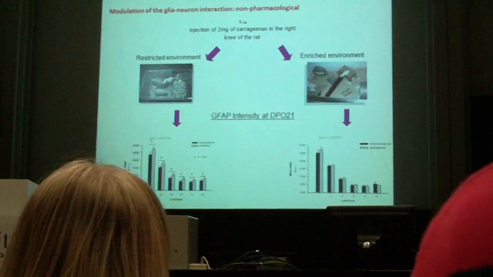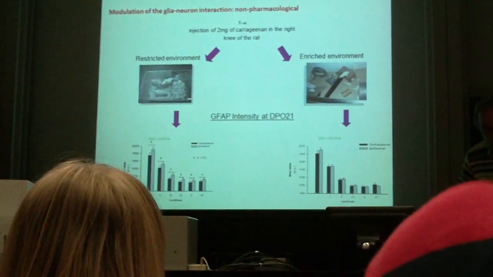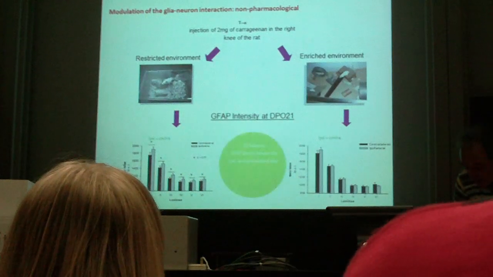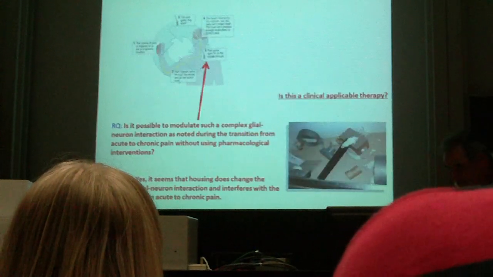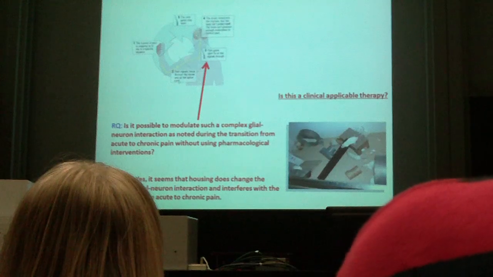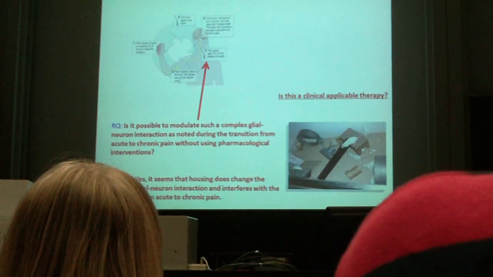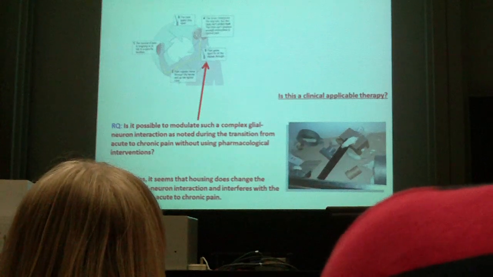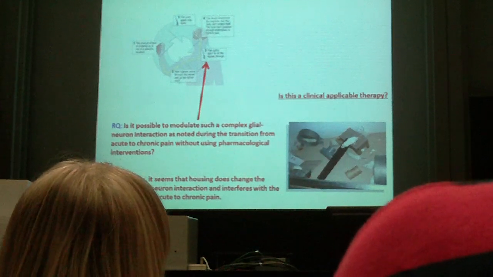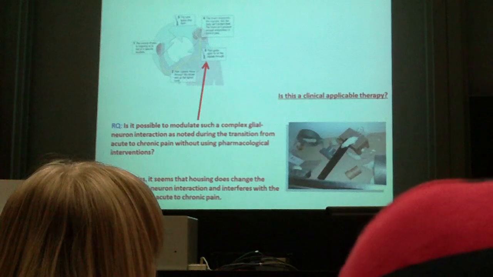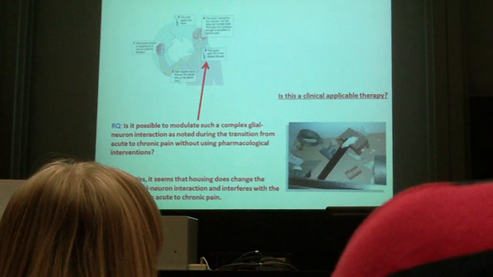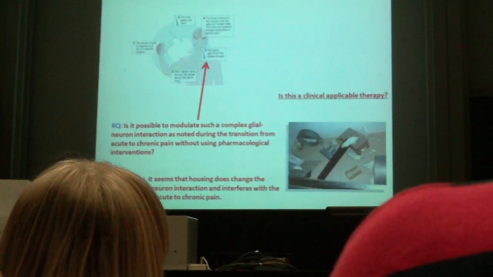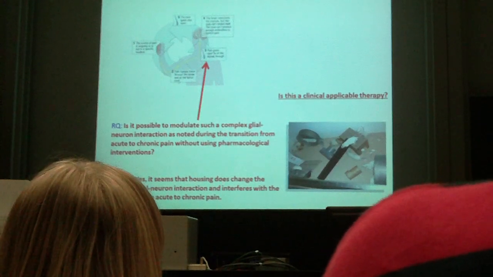So the astroglial cell immune response is slowed down just by the enriched environment. So is it possible to modulate such a very complex interaction in the spinal dorsal horn, which is the basis of the pain response, without using pharmacological interventions? Yes, we are able to do that just by housing.